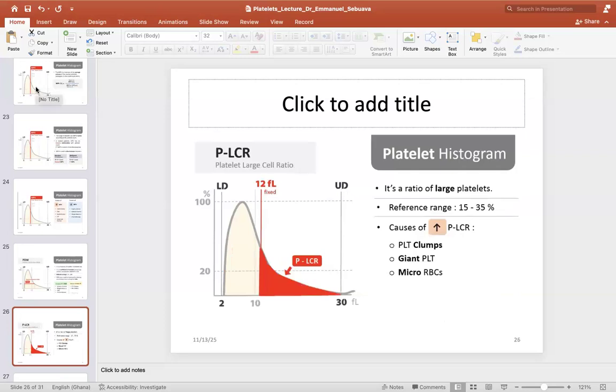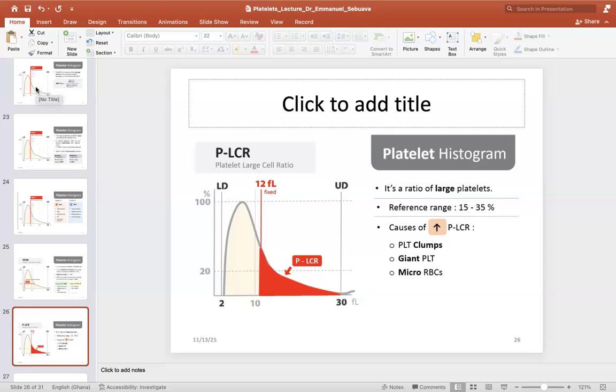We have the platelet large cell ratio. Now, these are the large cell platelets. We also call them giant platelets.